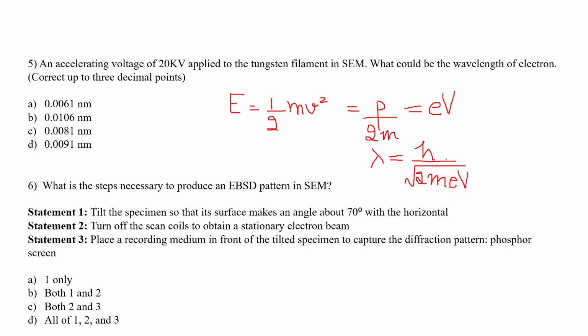All these things are constant. M is the mass of electron, which is 9.1 into 10 raised to the minus 31, e is the charge of electron, which is 1.6 into 10 raised to the minus 19, and the Planck constant is 6.626 into 10 raised to the minus 34.